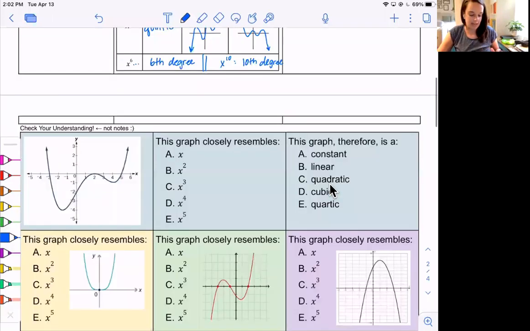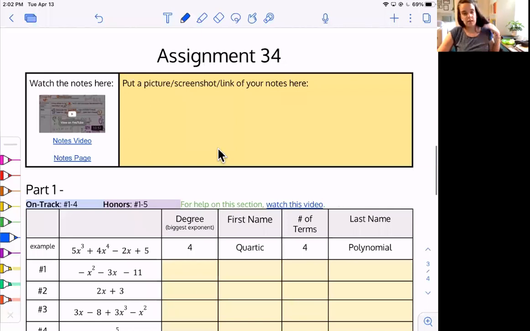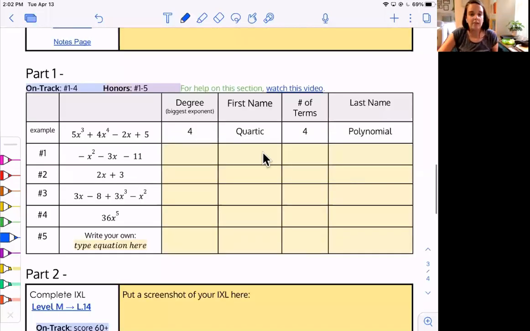So for today, for your assignment, you already have your notes here. You have a few questions to go through. What you're going to do is look at this expression here, and say, okay, what's the biggest exponent? The biggest exponent here is 4, right? So they put a 4 there, and that means that it's quartic.